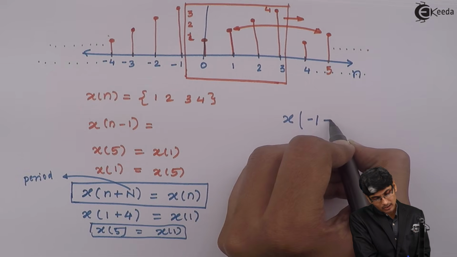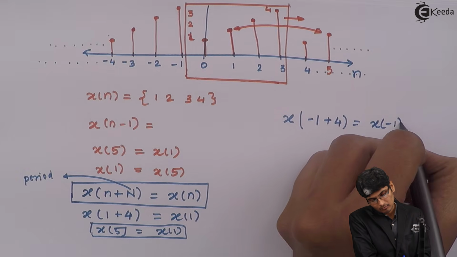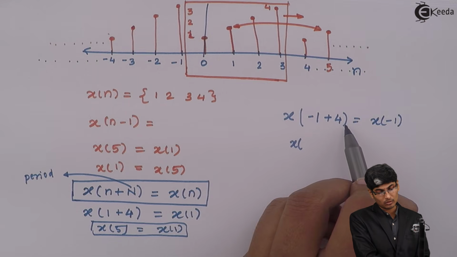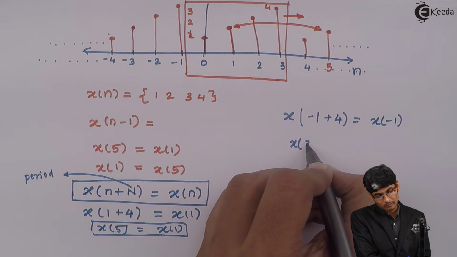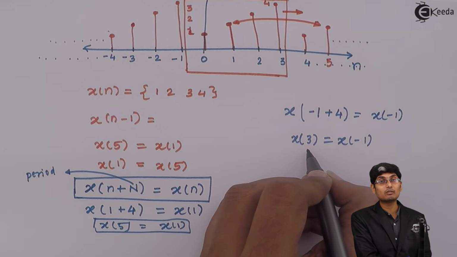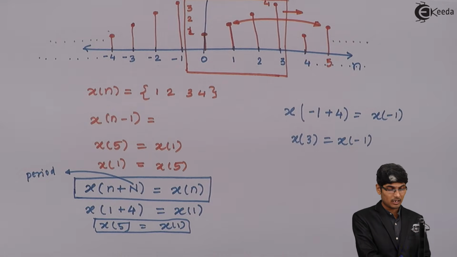So small n is minus 1, plus 4 is 3, so x of minus 1 equals x of 3. So x of 3 can be replicated at x of minus 1. And vice versa, x of minus 1 equals x of minus 3, because they are equal, right? So this is how every periodic signal should satisfy the condition.